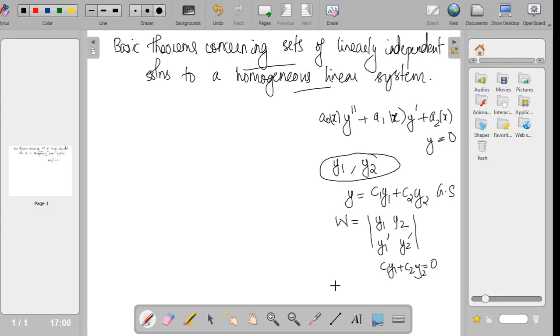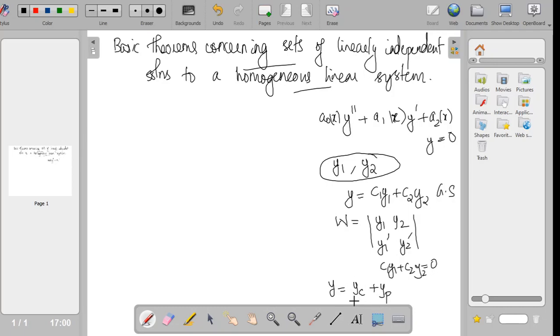Again, if you have a non-homogeneous equation, with a right hand side function f of x, then the general solution will be of the form yc plus yp.